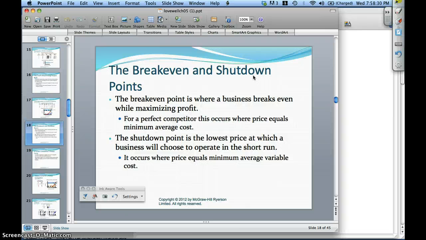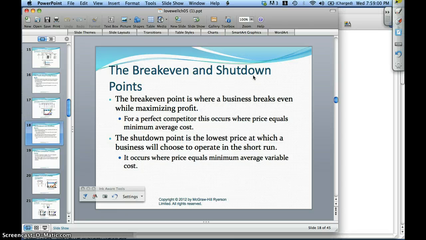It's the level of output where price equals minimum average cost. Remember, we're talking average variable cost here, which is obtained by taking variable cost and dividing it by quantity. So it's just the average variable cost.